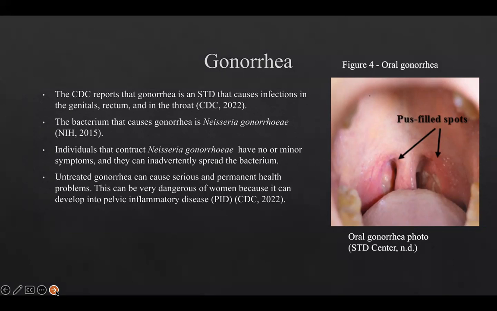Many patients exhibit little or minimal symptoms, and they may unintentionally spread the pathogen. The four clinical locations where gonococcal infection occurs most frequently are the urethra, cervix, throat, and rectum.